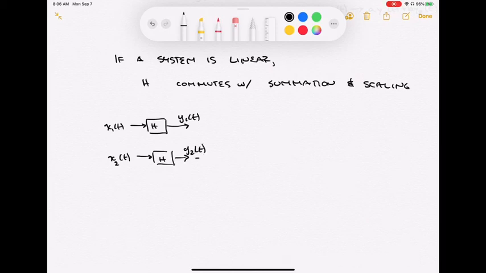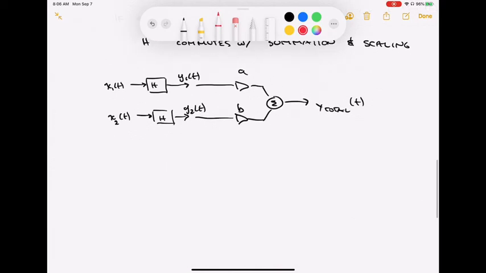Then I'm going to take these and multiply them by some a and some b, and then add those results together to get some total response, y total of t. So I run my inputs through the system, and then I do my scaling and summing. So if I take a look in here, I have the system shown here first.